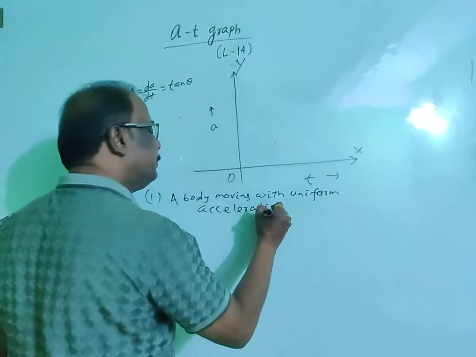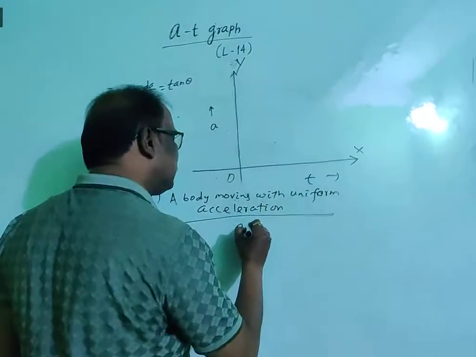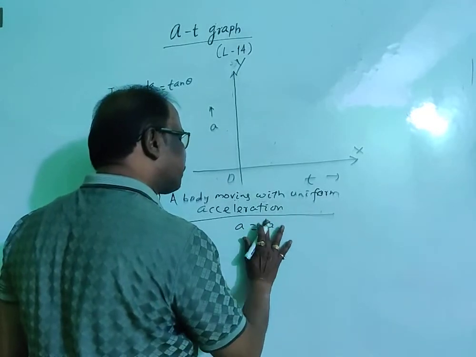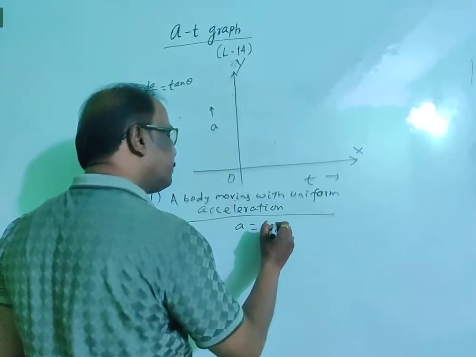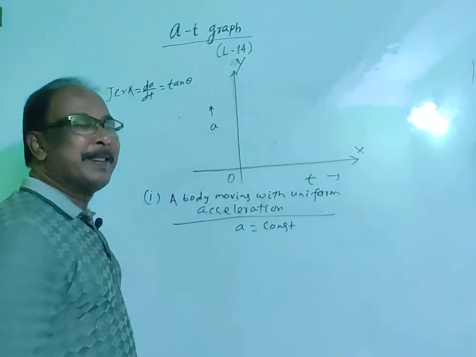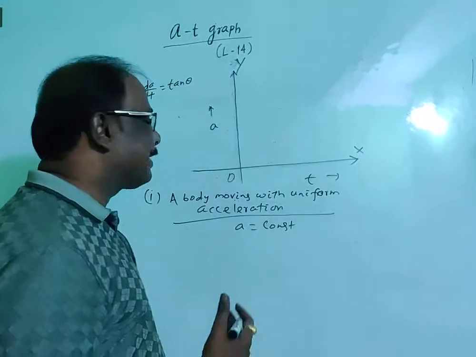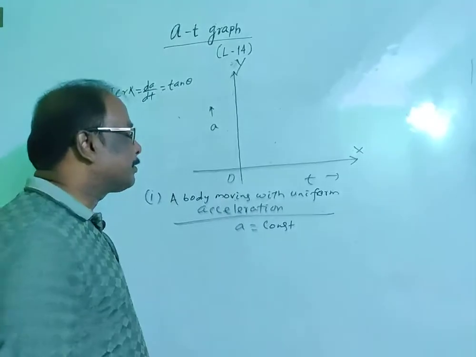A body moving with uniform acceleration means here the magnitude of acceleration is constant. Of course, the direction is also constant. Acceleration is a vector quantity, so acceleration constant means both magnitude and direction are constant.